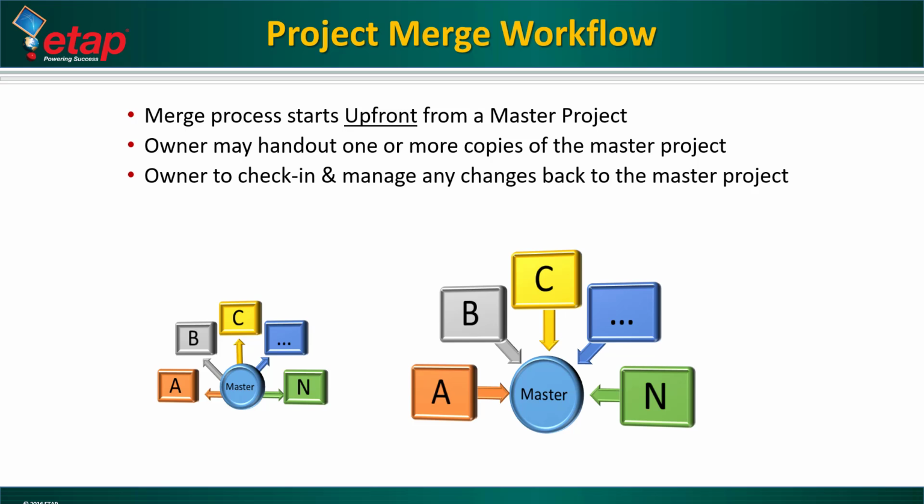Then the owner will have the ability to not just check in, but also manage, right? Review any of the work that has been performed. If the owner does not agree with a certain portion of the work that was performed, they have the ability to reject the changes so that they don't get reflected onto the master project.